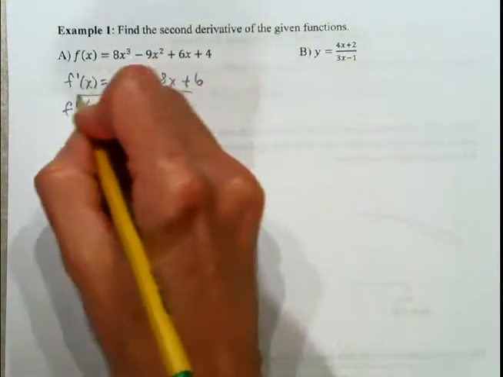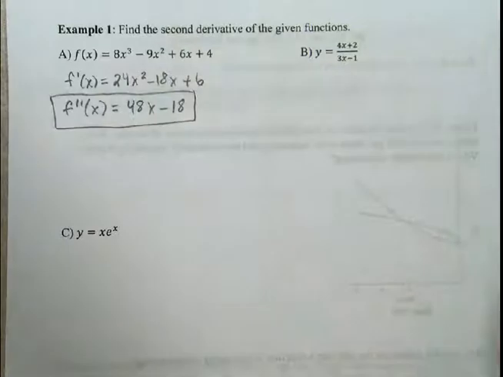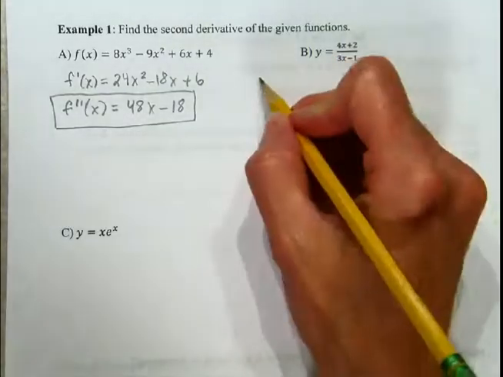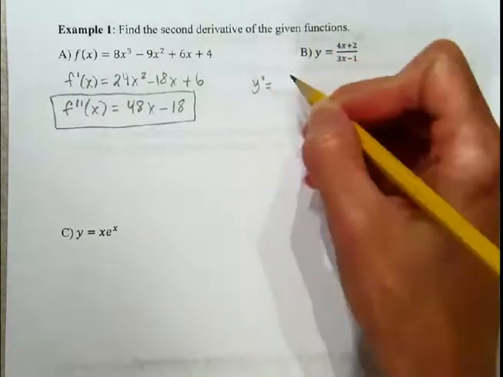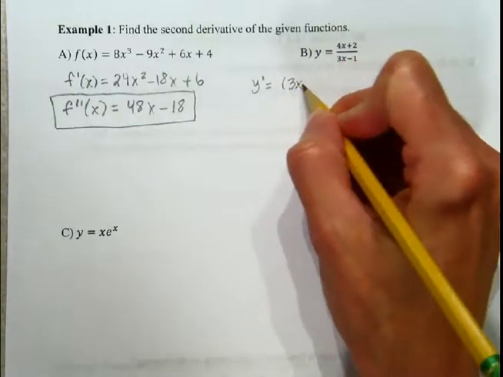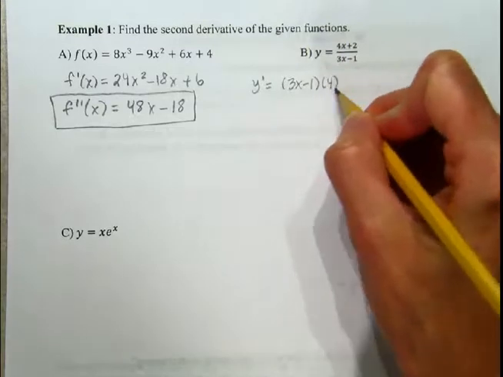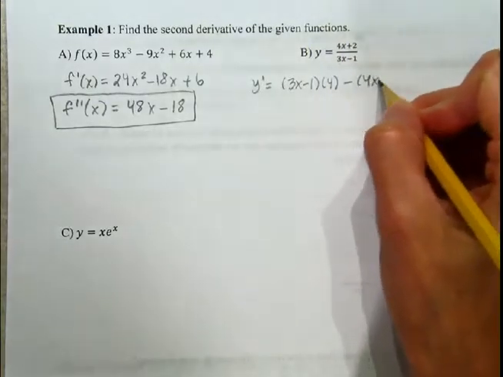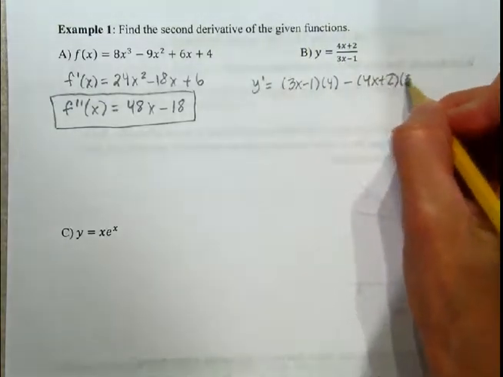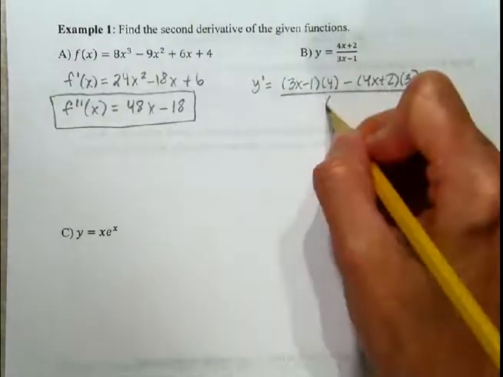Sometimes it's pretty straightforward and easy, like that one. Sometimes not so much. Part B is a little bit more detailed. If we do the first derivative here, remember it's low d high minus high d low over low squared.